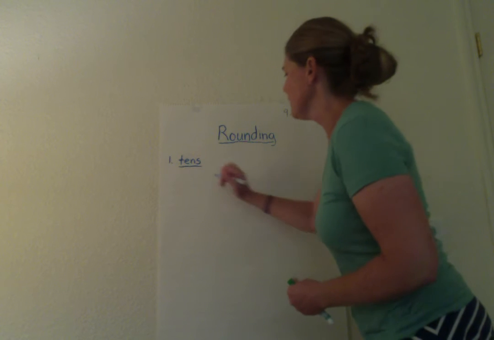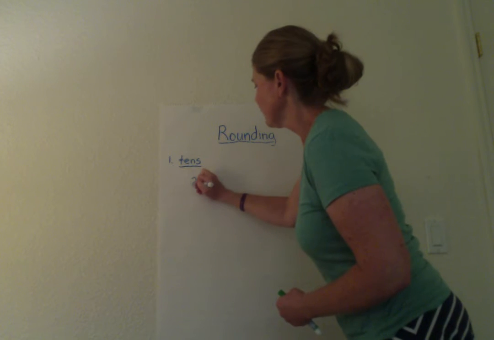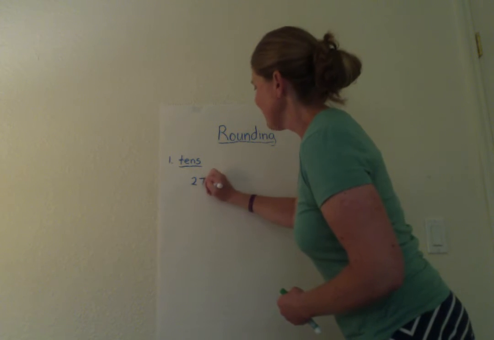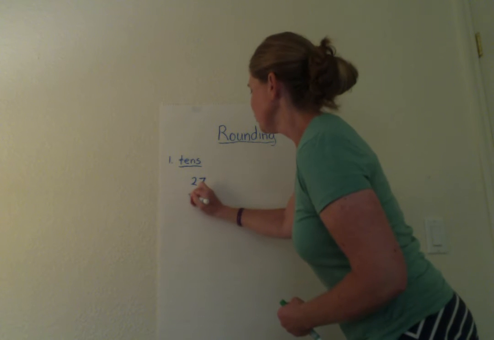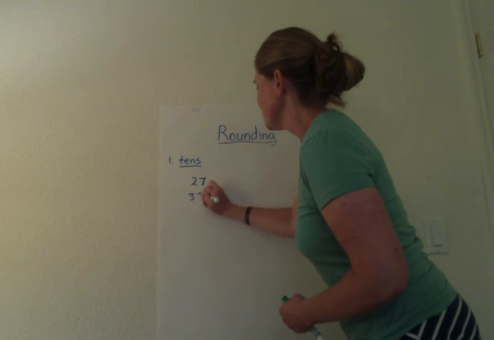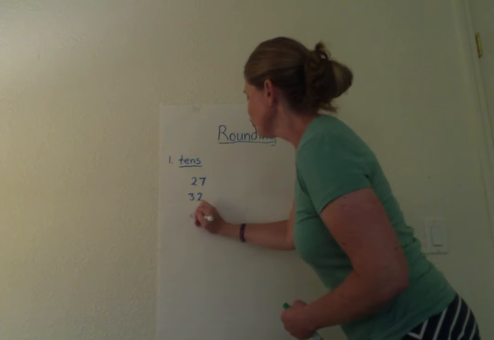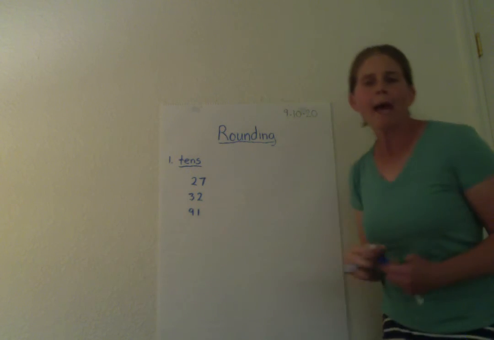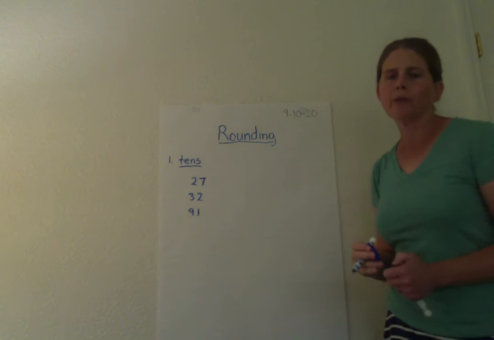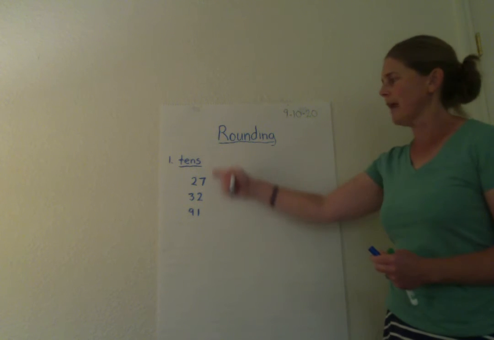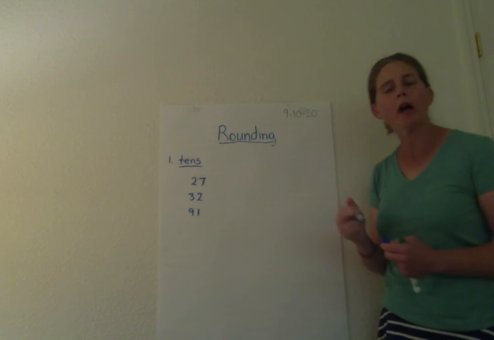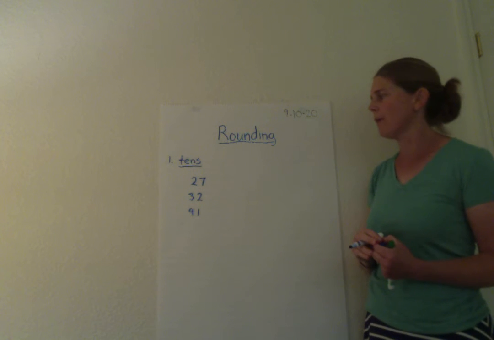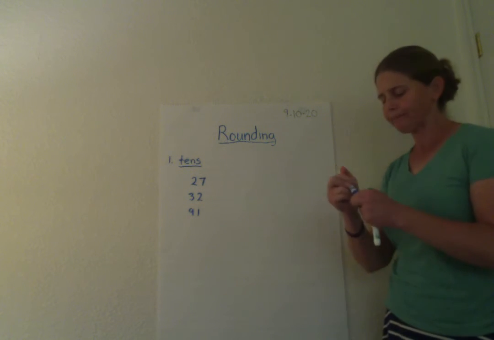So numbers in the tens, let's choose 27, let's choose 32, and let's choose 91. Go ahead and write those 3 numbers in your book for examples of tens, and then we'll talk about how we're going to round them and what we look at.